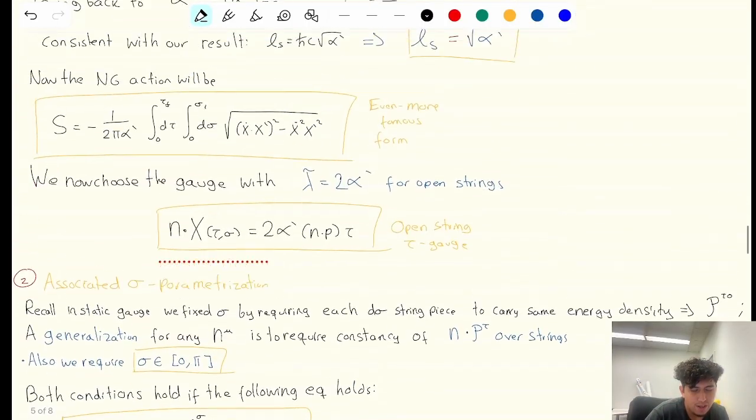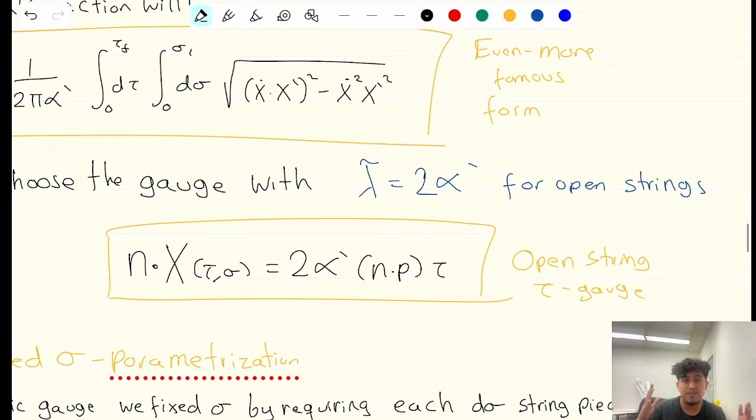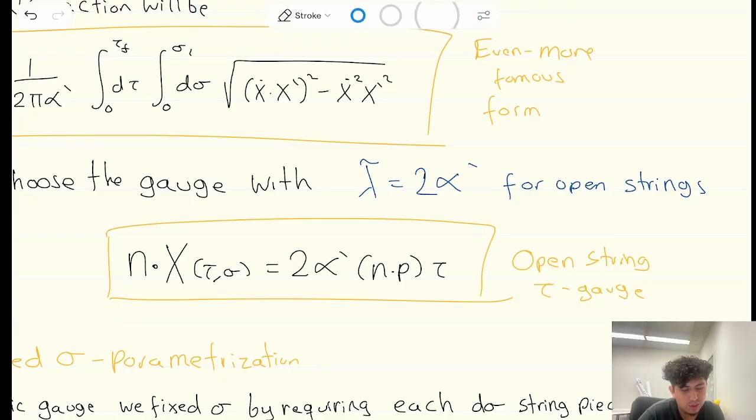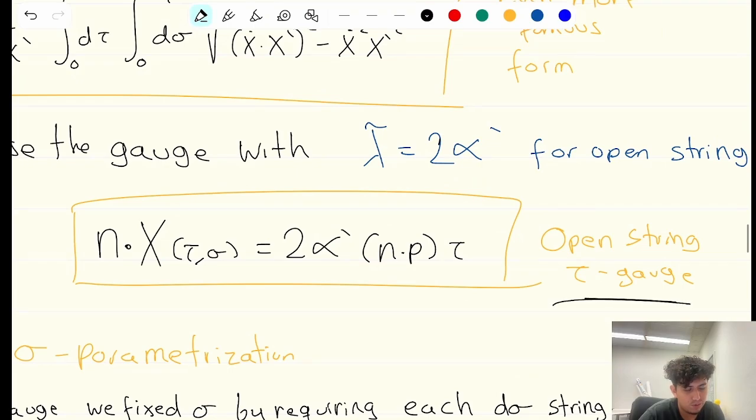Cool. Okay, so we can do that, and then we just set it equal to 2 for convenience. You're going to see pretty soon. Alpha. And this works for open strings. So this is going to be the gauge, the tau gauge we're going to use for open strings.